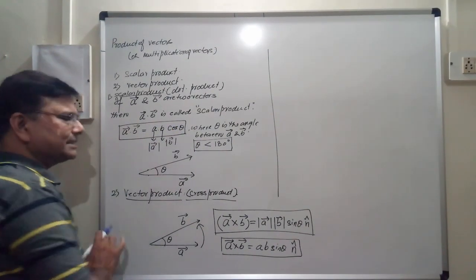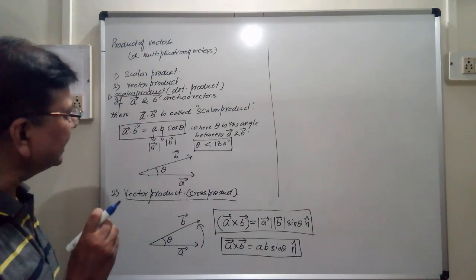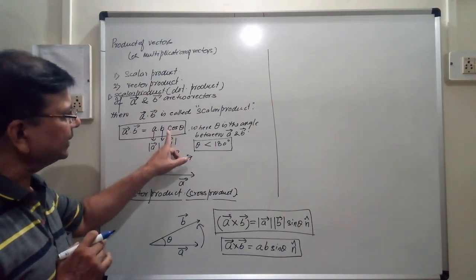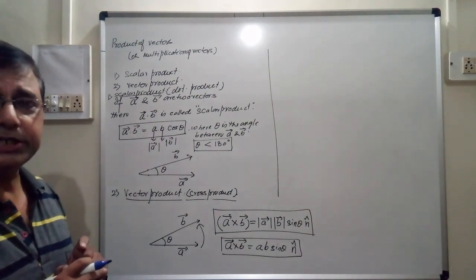Now, if theta is 90 degree, so cos 90 is 0.